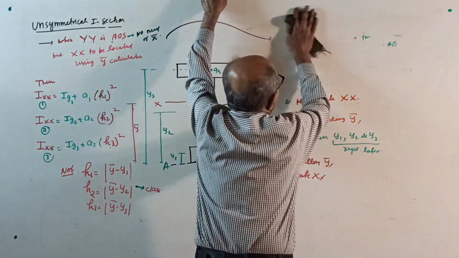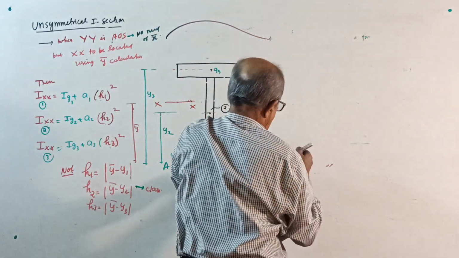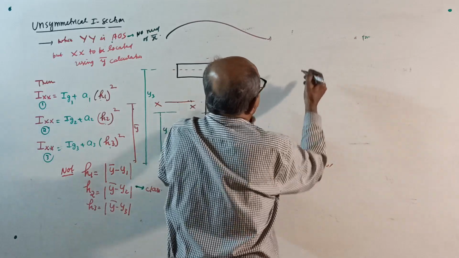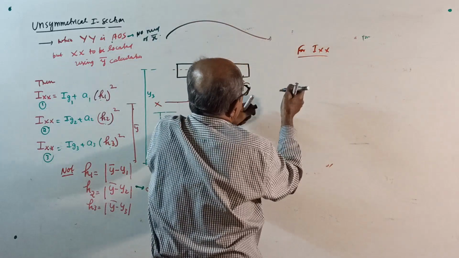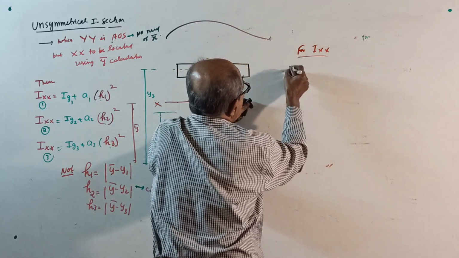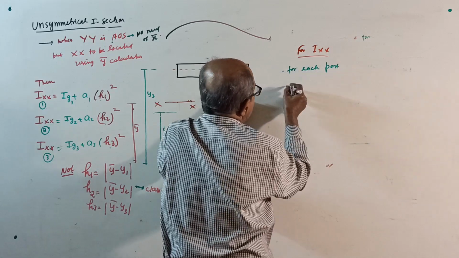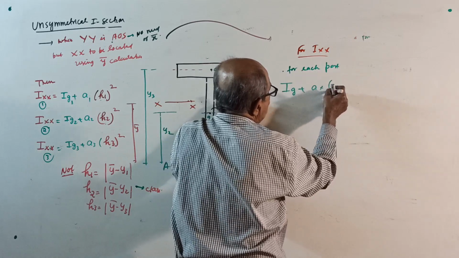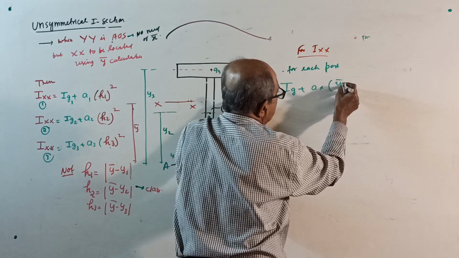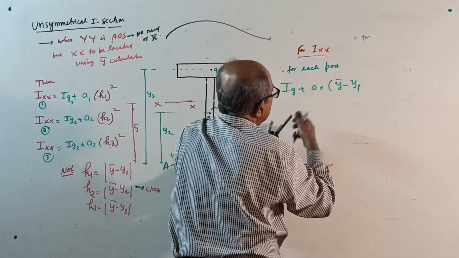Therefore, remember, when you find Ixx, very important, what do you write? Write Ixx equals, for each part, Ig plus area into (y bar minus y for that part) whole square.